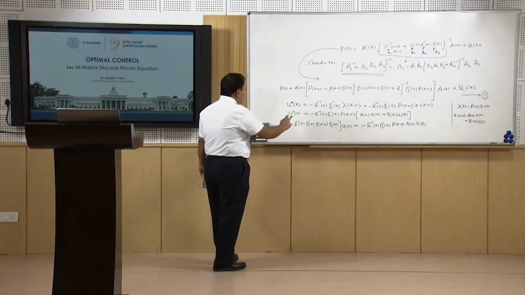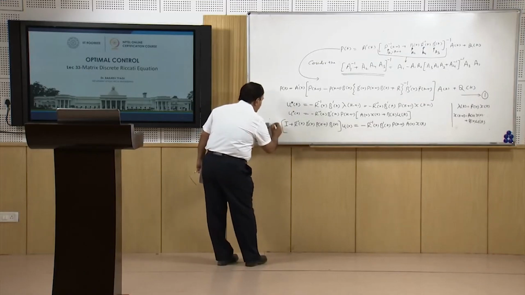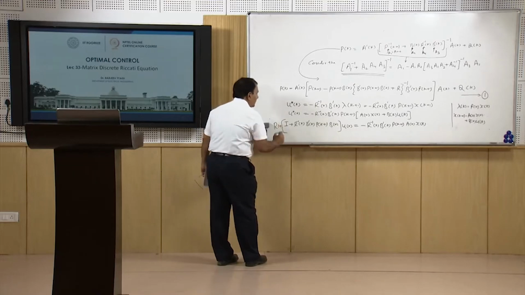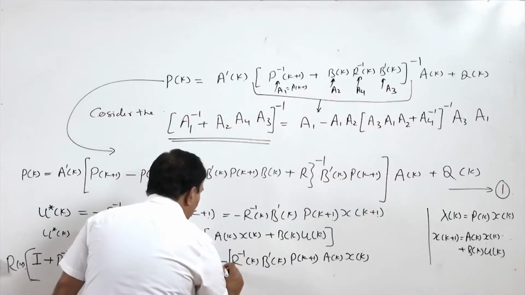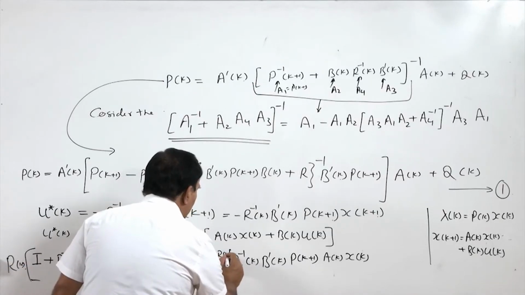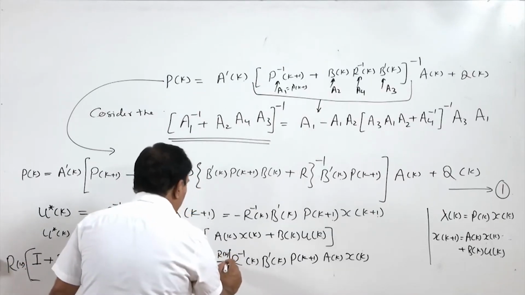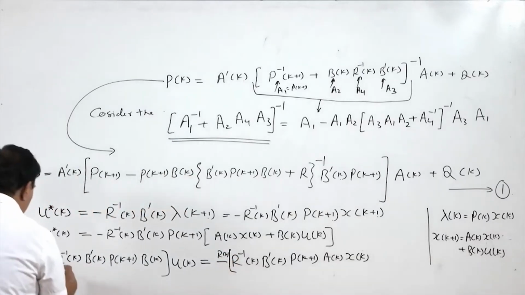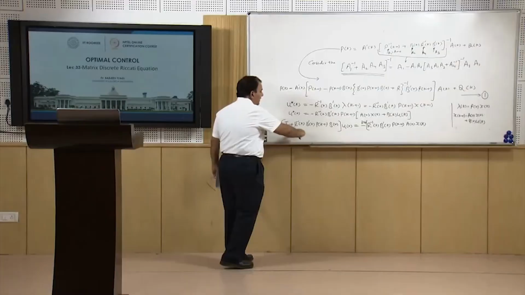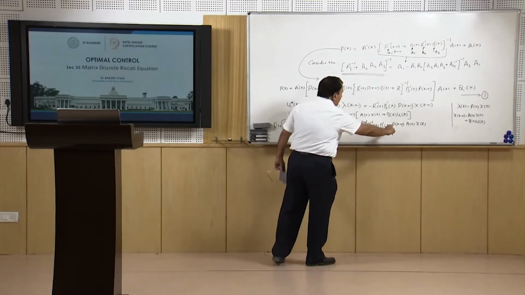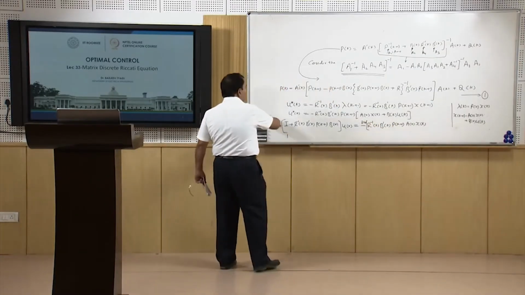Now, in this equation I am pre-multiplying with R(k) on this side, and I am also multiplying this with R(k) on the other side. So, what we will get?